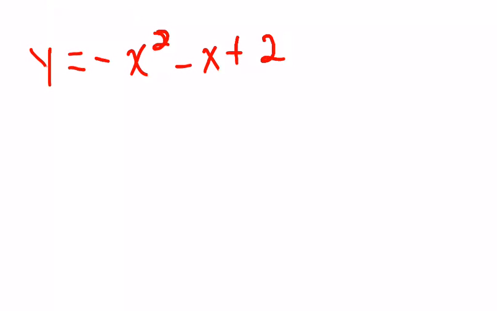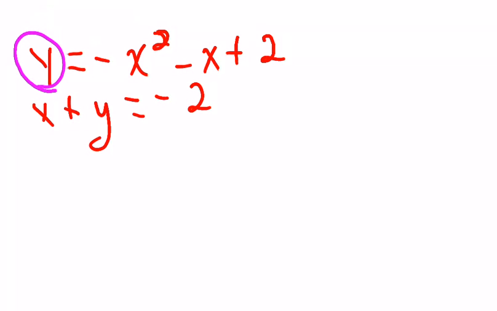Okay, another example. y equals negative x squared minus x plus 2, and x plus y equals negative 2. So again, we probably want to use our substitution, but notice this one's already solved for y.